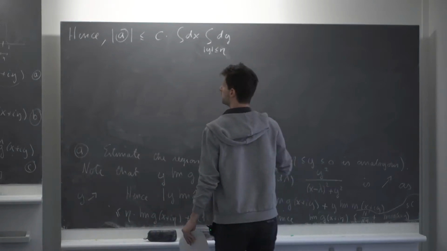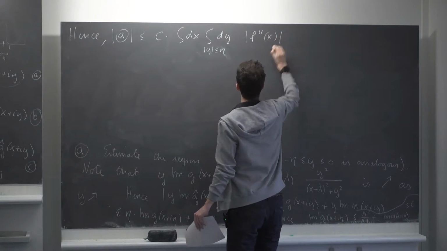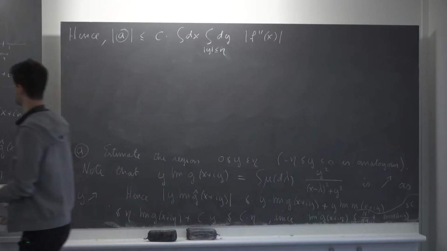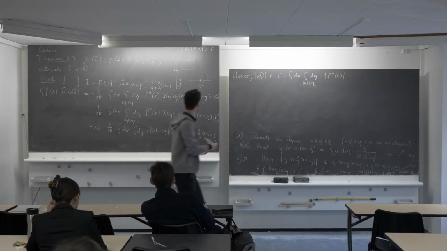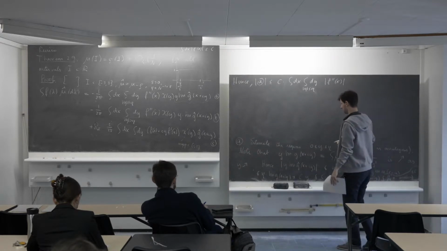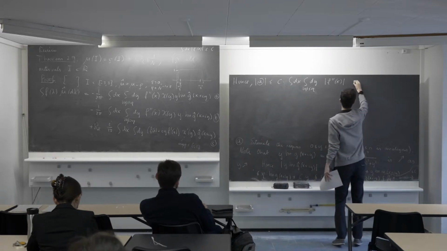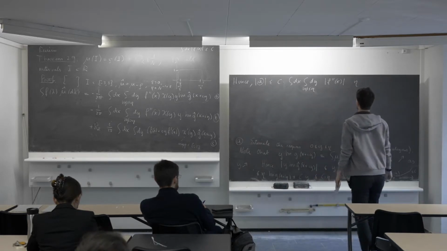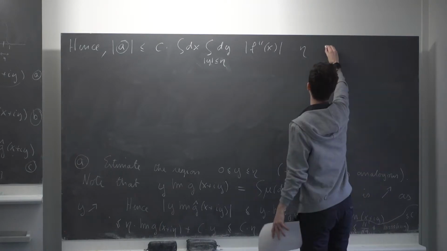Then we have f double prime of x. The chi is just equal to 1 on this domain, so I can forget about the chi. And I have now this guy, which I just estimated by eta. Okay, and now we just have to count the powers.